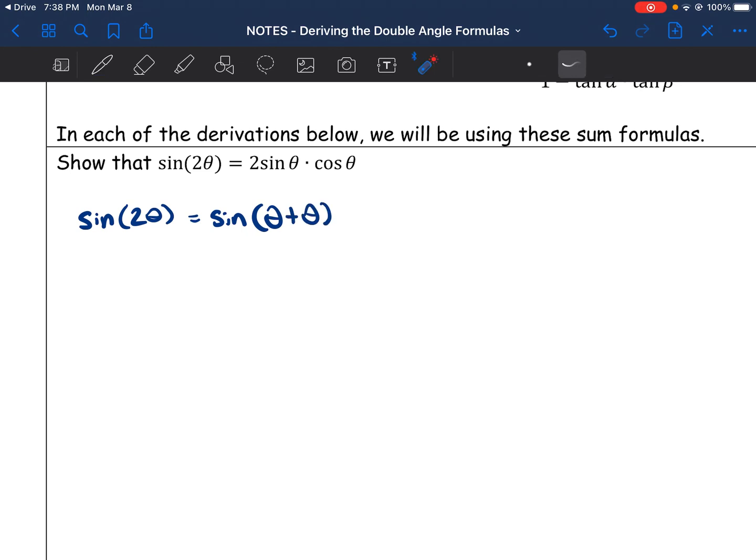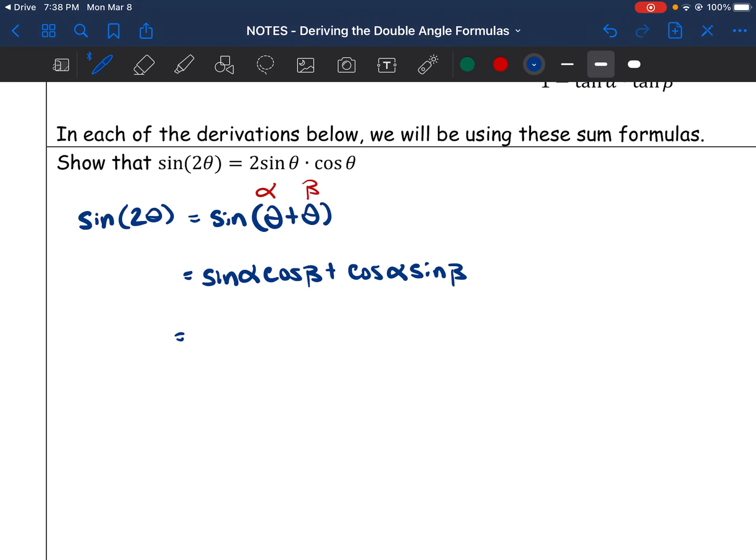And now that I'm rewriting it as a sum of two angles, I'm going to label each angle alpha and beta. So alpha and beta are the exact same angle. They're both theta. And if we follow the sum formula for sine, I remember the sum formula is sine alpha cosine beta plus cosine alpha sine beta.